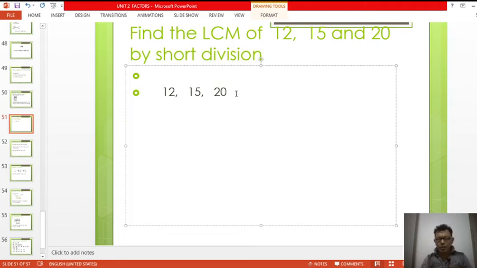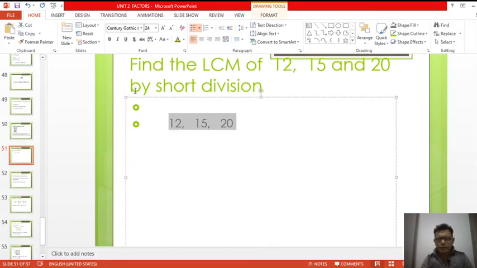So after this, you draw the reverse division sign. Hold on, let me pin this one so it'll be easier. Okay, reverse division, there you go.